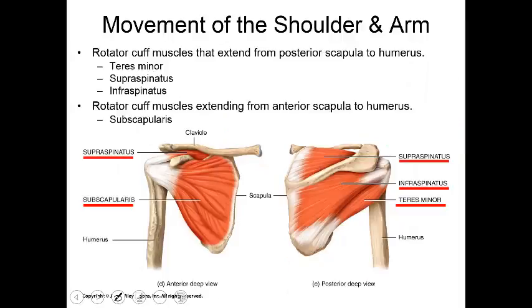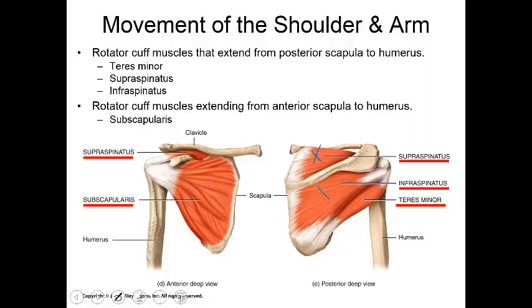So let's take a closer look at the scapula and the muscles surrounding the scapula. So on the dorsal side, on the supraspinous fossa, you have the supraspinatus muscle, which is one of the muscles that make up the rotator cuff. So they help you rotate your shoulder. So that right there where the X is the supraspinatus muscle.